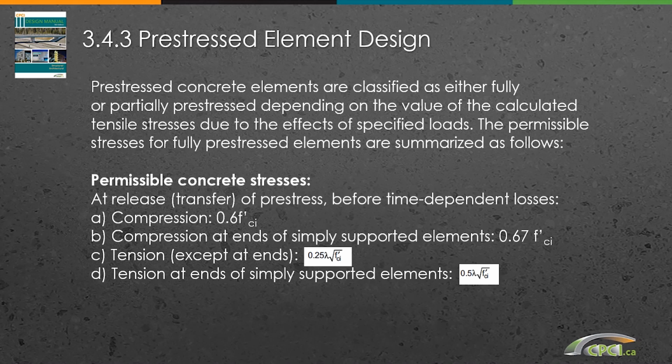Notice that the tension at the end of a simply supported element is this value here, 0.5 lambda square root f'c, but tension except at the end is 0.25 lambda square root f'ci. And these values here are essentially, in many cases, the values that will probably control the final design of the section, not the ultimate limit state. So we have three things to check.